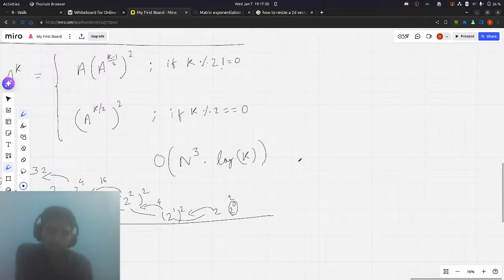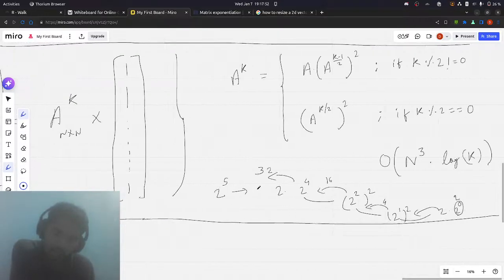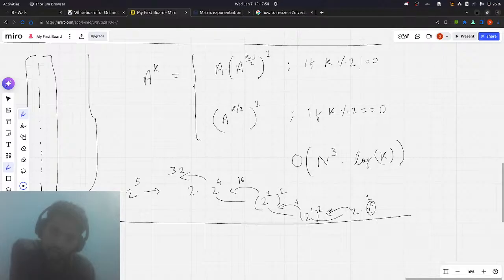Like here we multiplied here, and here. So 1, 2, 3 times, right? And in the end the answer was just returned. So log base 2 of 5.